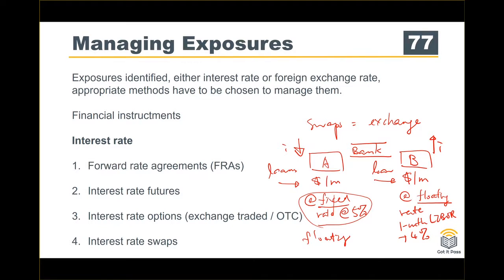Okay, the arrangement is: A receives fixed interest income and pays floating rate interest.